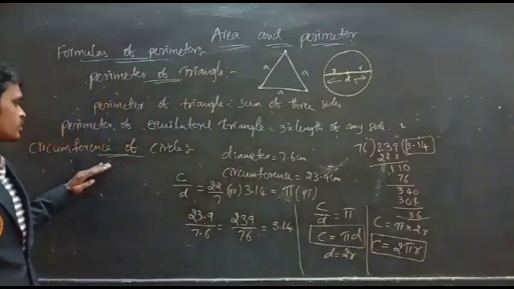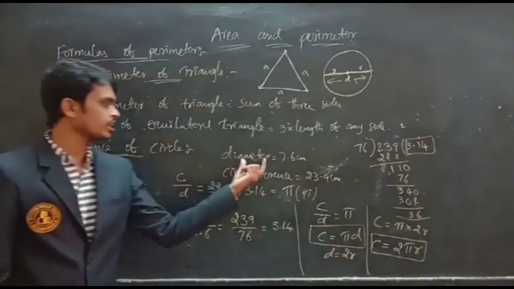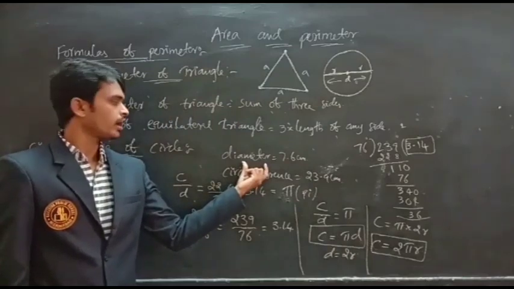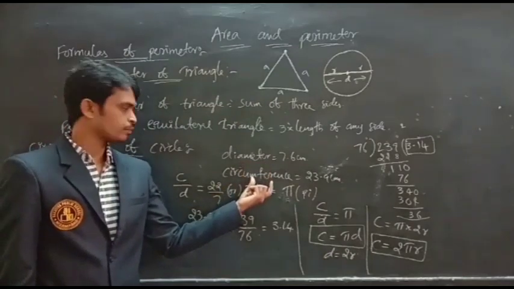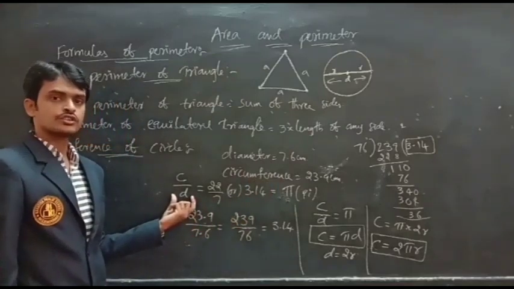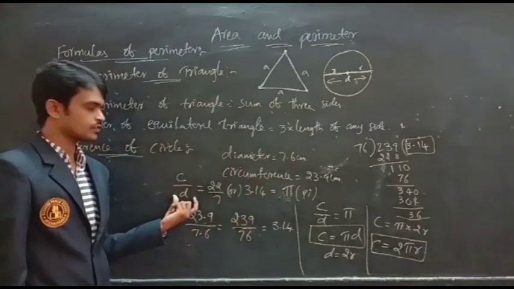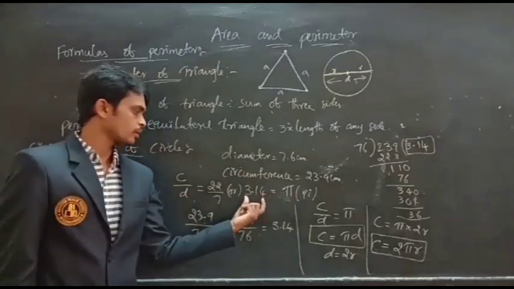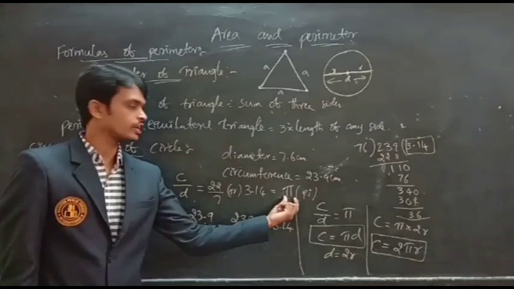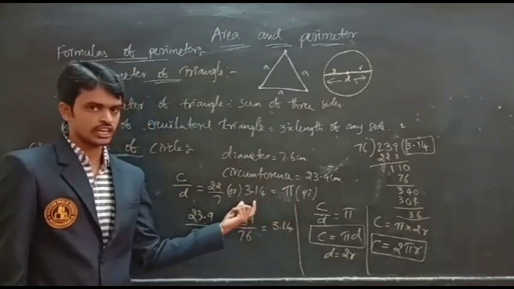So this is the circumference of a circle by taking any object. First we should measure the diameter, and by taking a rope we should measure the circumference. Then we should find the ratio of circumference to diameter of the circle. The value is 3.14 or 22 by 7. We denote it as pi. This is a constant value.